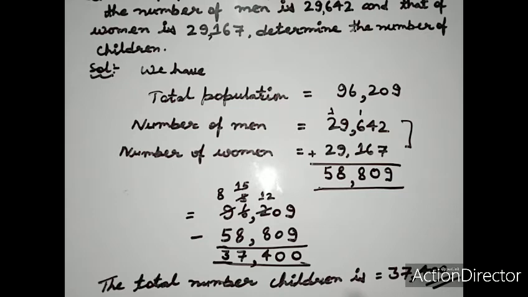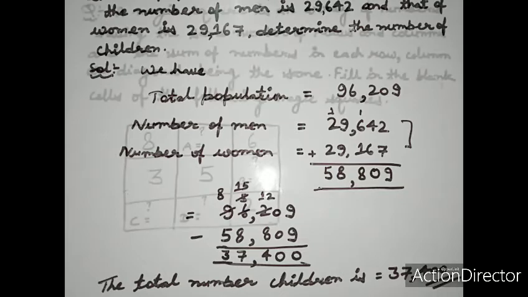Okay students, so this is the correct way to solve a word problem here. First we write the given values here, and in the middle part we give the solution of this question, and at the last we write the final statement of this word problem.